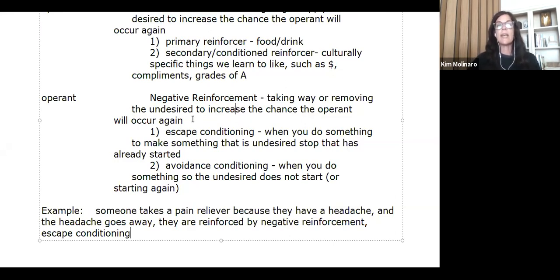It's when we take away something that's undesired to strengthen the operant. For instance, if someone is given a punishment and they correct the behavior and the punishment is removed, escape conditioning, negative reinforcement is demonstrated. And then if they correct the behavior so they don't get punished again, avoidance conditioning of negative reinforcement is demonstrated.